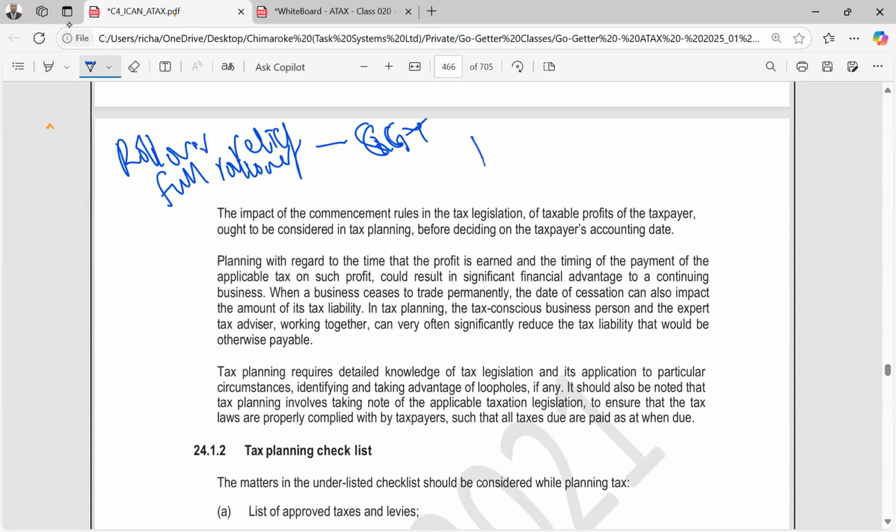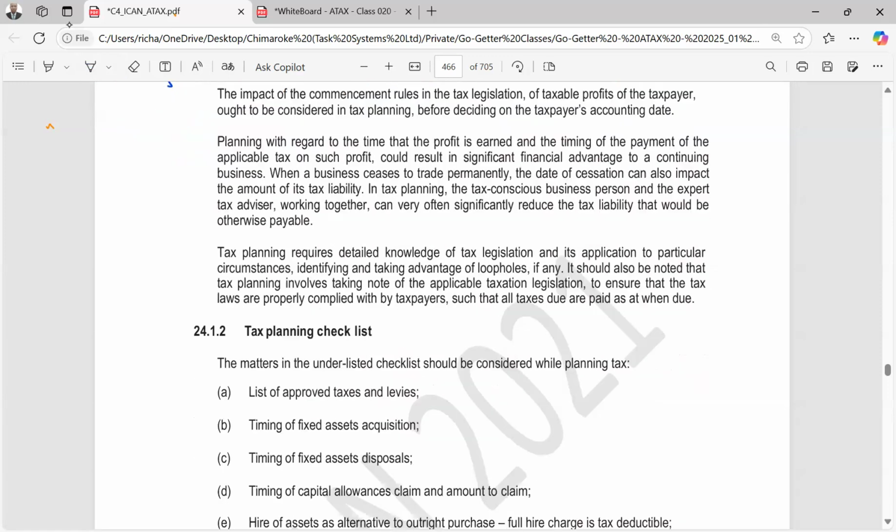Then we have pioneer legislation, so you are not paying tax for 3 full years. This is just to mention 2 that we have learned in recent times.